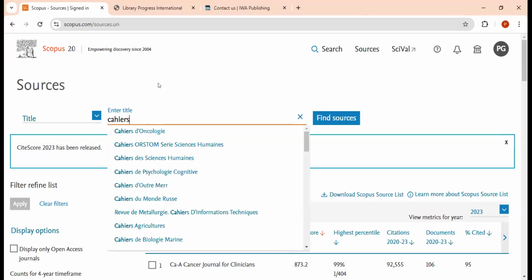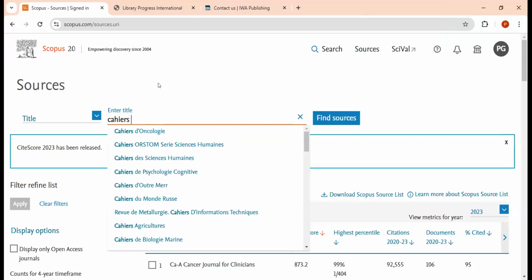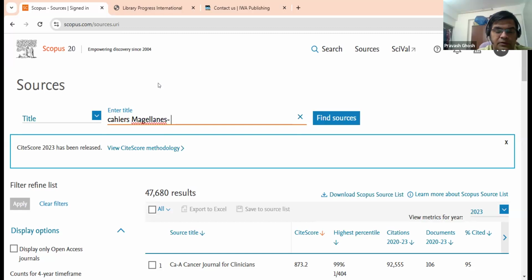CAHIERS. Okay. And then a space, then MAGELLANES. And then there is a dash, and then NS. Small or capital does not matter, but it is not coming.